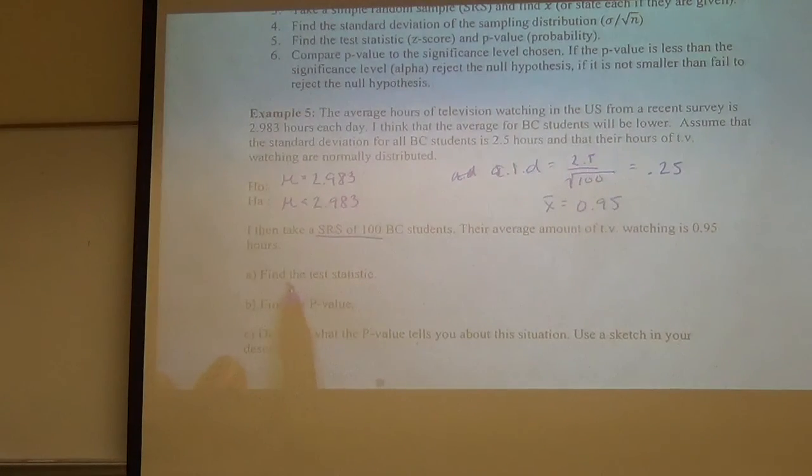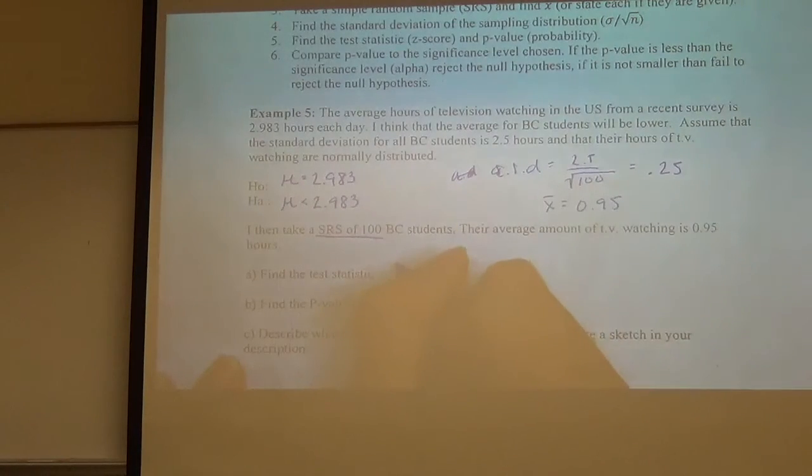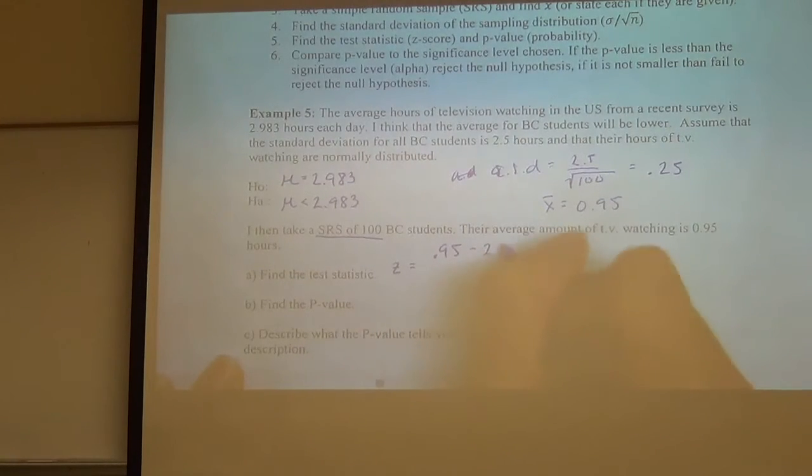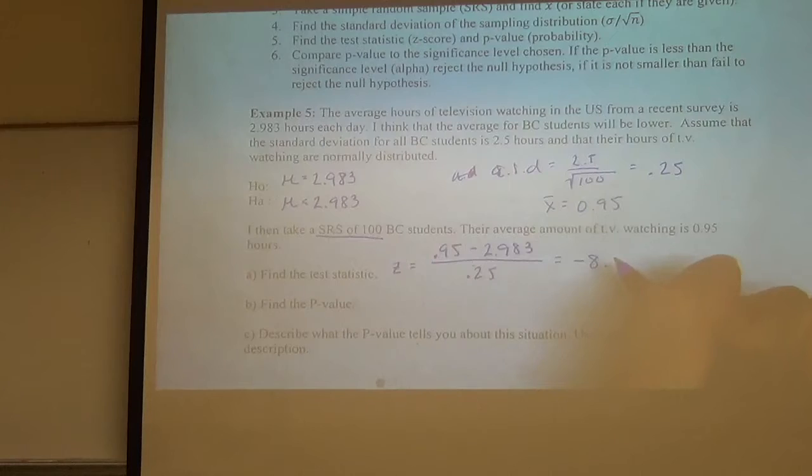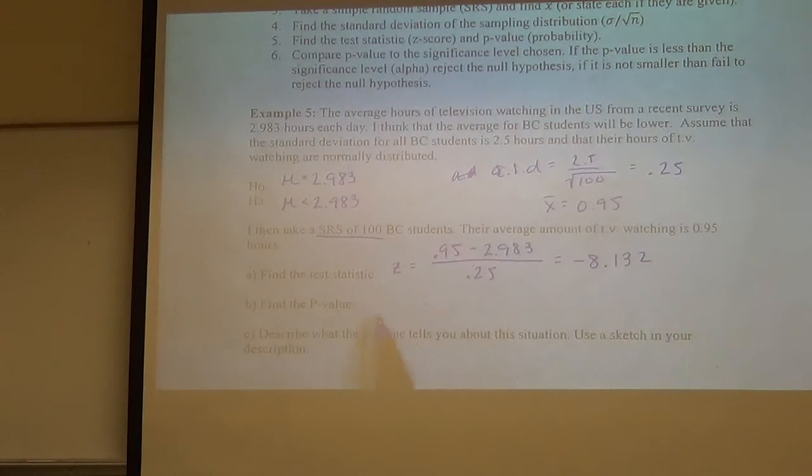Okay, find the test statistic. We already did this in the intuitive example. Remember from the intuitive example, this was z equals 0.95 minus 2.983 divided by 0.25. When we did that, we got a large number of standard deviations, negative 8.132. So we did this already. We already found the p-value, but I can do it again.